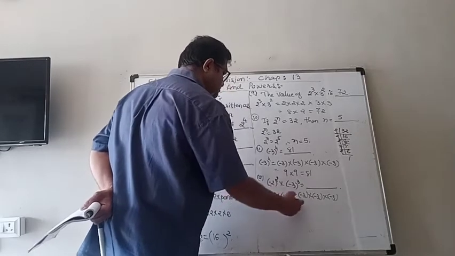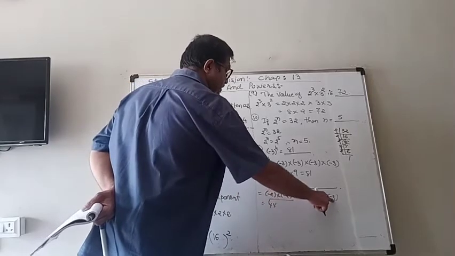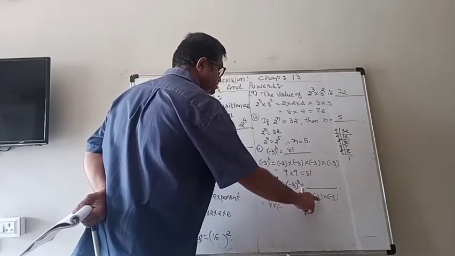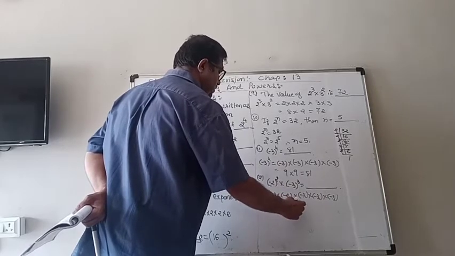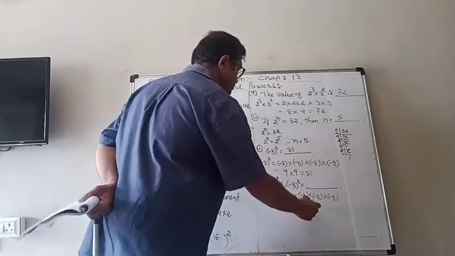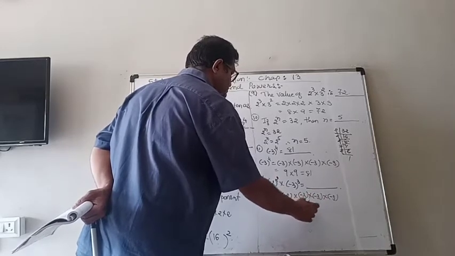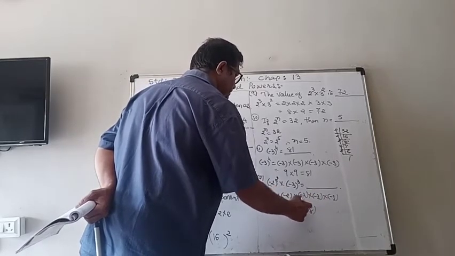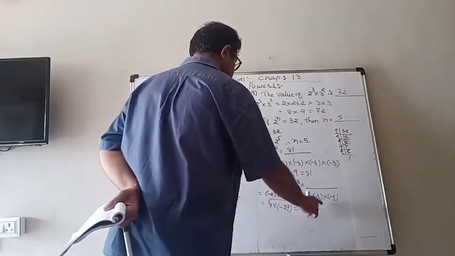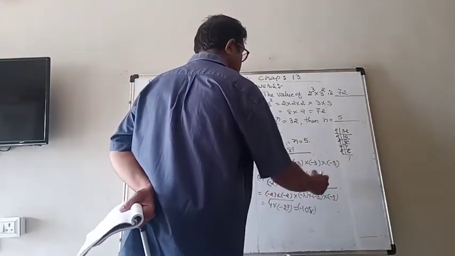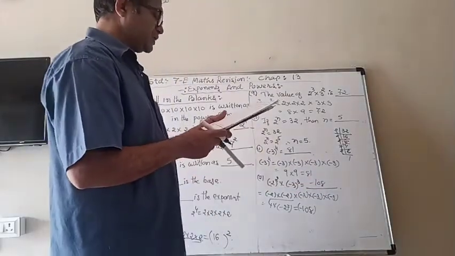Here you can see that it is 2 times, so 2 2s will be 4. But here there are 3 times, so negative will be there. So 3 3s are 9, 3 9s are 27. So your answer will be negative. So it will be minus 108. So your answer is minus 108.